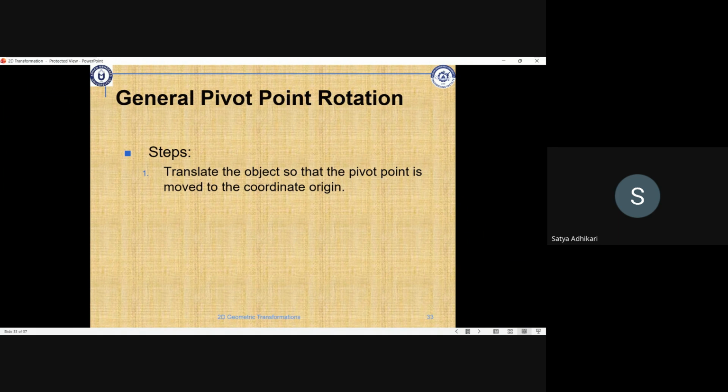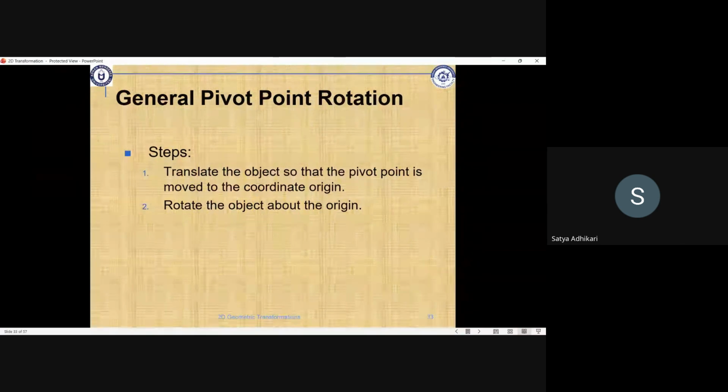Okay, the same thing is written, you see. Once the pivot point has come to the origin, it is not difficult for us now. We know the rotation about the origin. So then rotate the object about the origin, which is simple for us. We know how to rotate. We have that rotation matrix. We have the formula.